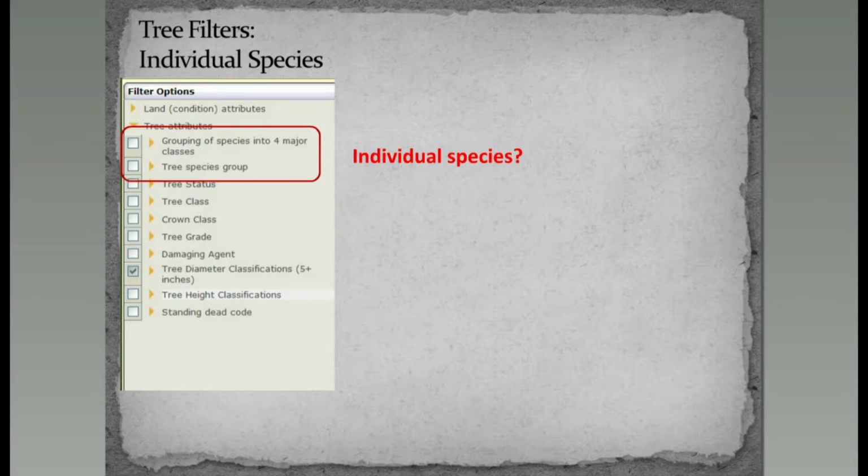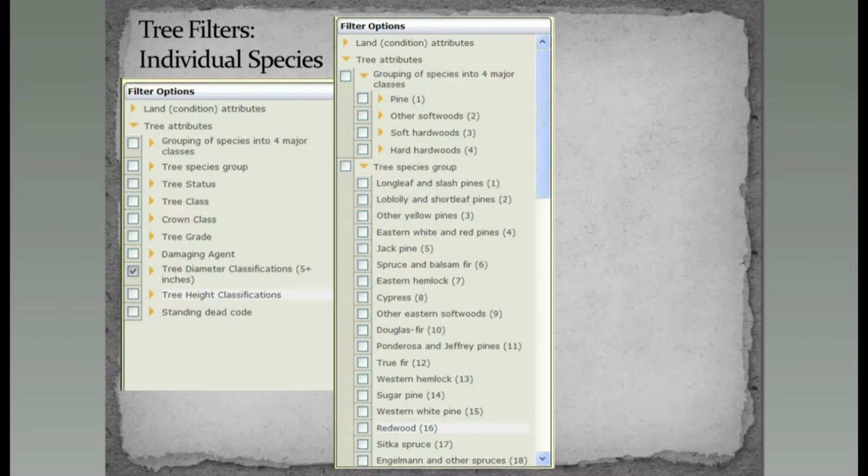But what about individual species? We see two things that mention species. One is a grouping of species into 4 major classes, and the other one is tree species groups. Most people would think the tree species group is the way to go, but let's open these both up. First of all, on the tree species group, we can select any tree species group we want, but they're not individual species if you look down there.